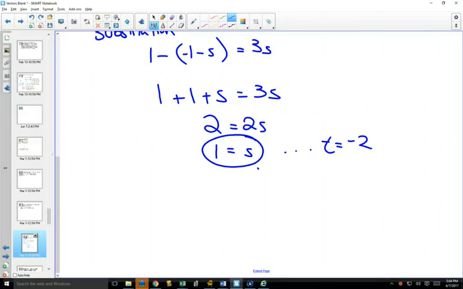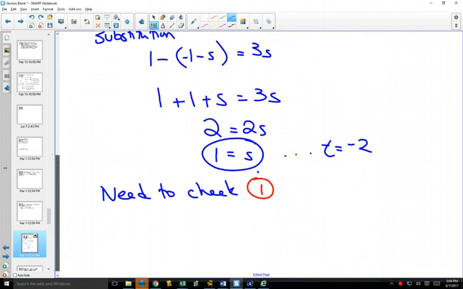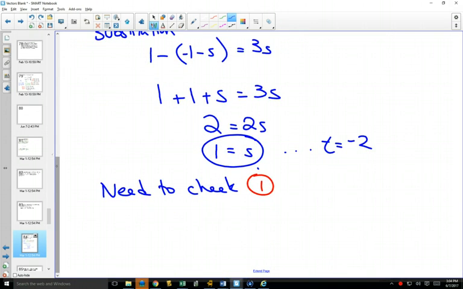But in 3 dimensions, that's not enough to say that's the point of intersection. We still need to check equation 1. What happens when s is 1 and t is negative 2 in equation 1? Well, if t is negative 2, I would get 2 plus negative 2 on the left side.